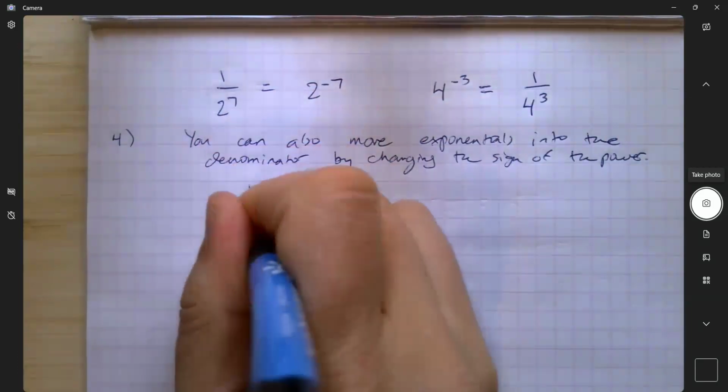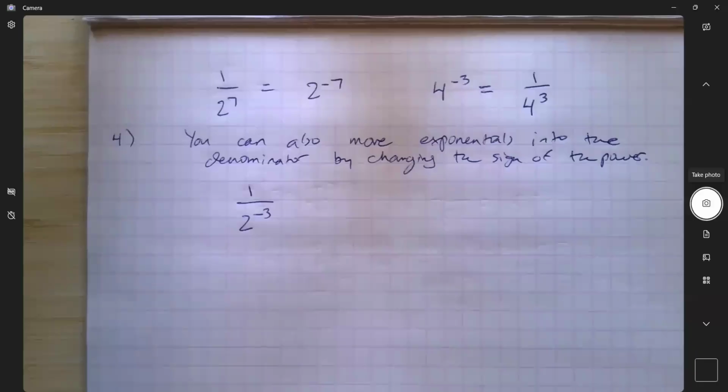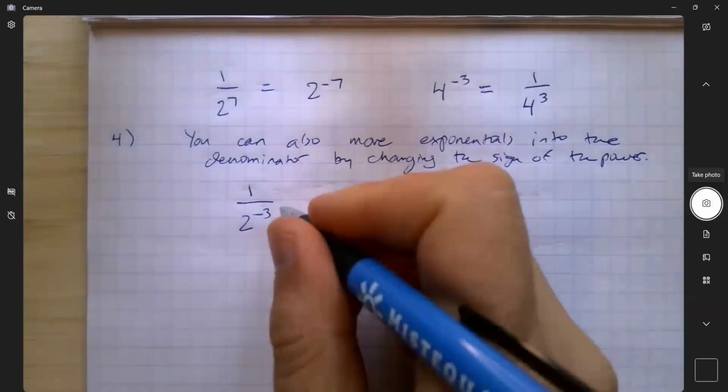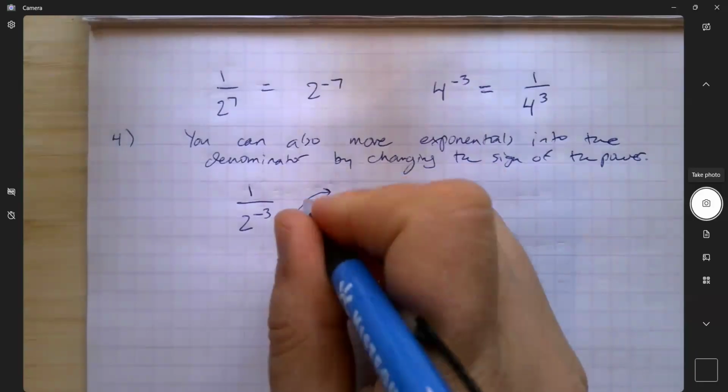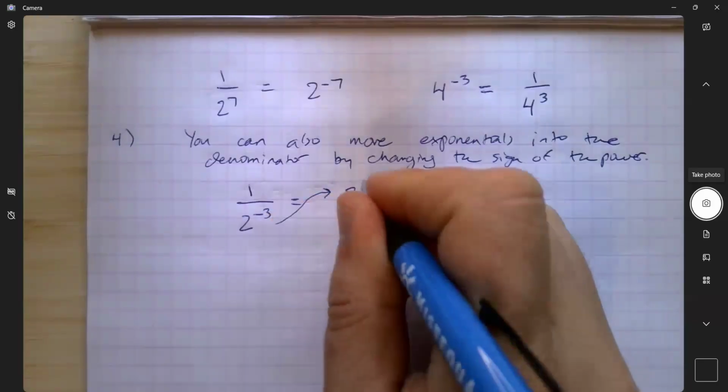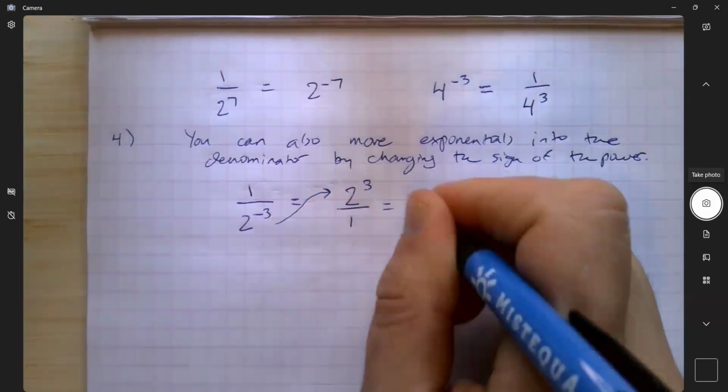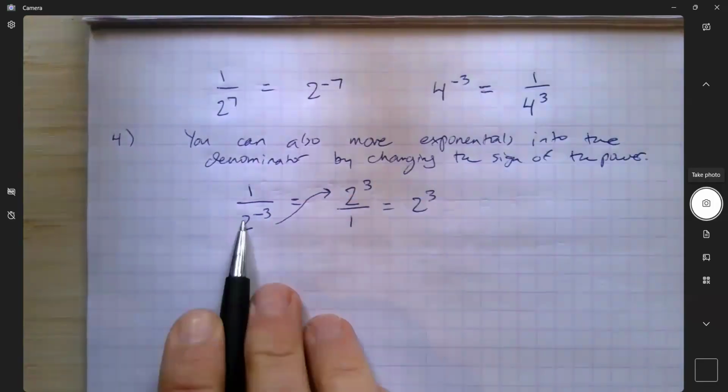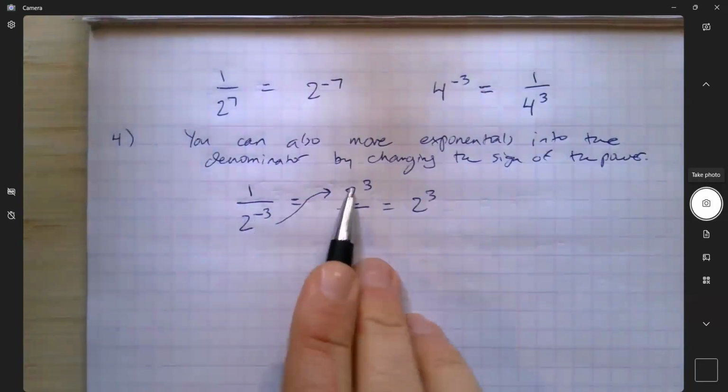If I have 1 over 2 to the minus 3, I can move it up into the numerator and change the sign of the power. 1 over 2 to the minus 3 is the same as 2 cubed.